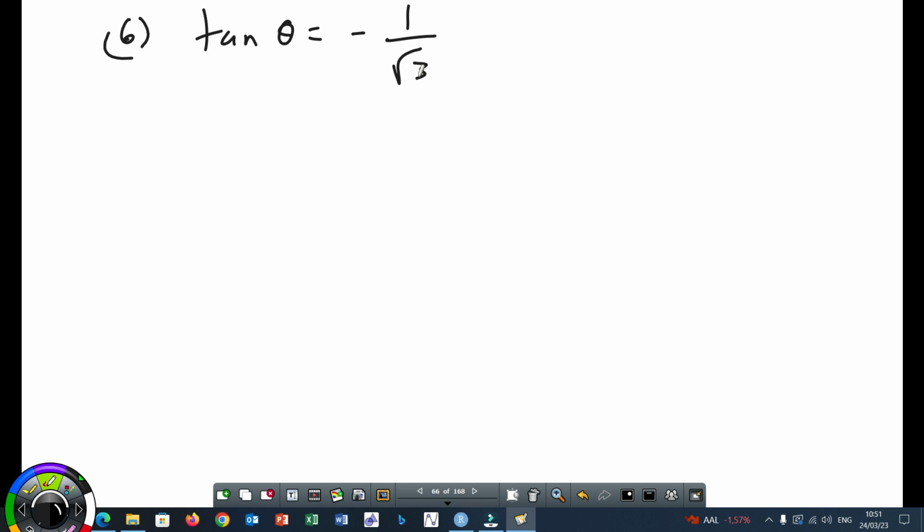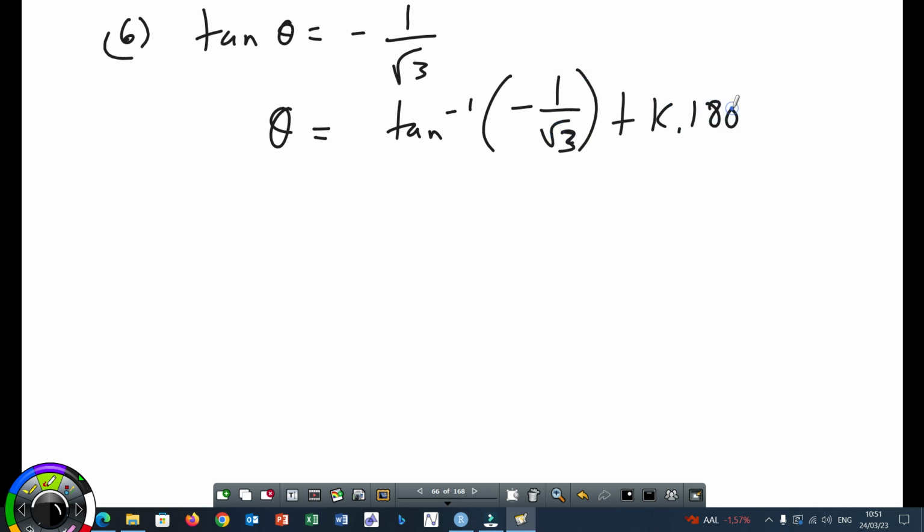It has got one general solution. So this will be theta equal to shift tan of minus 1 over root 3 plus k times 180 degrees, where k is an integer.